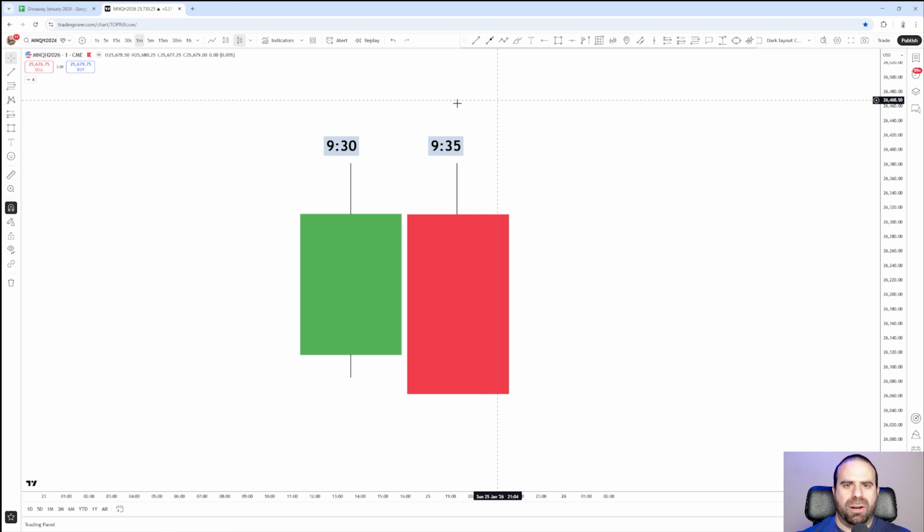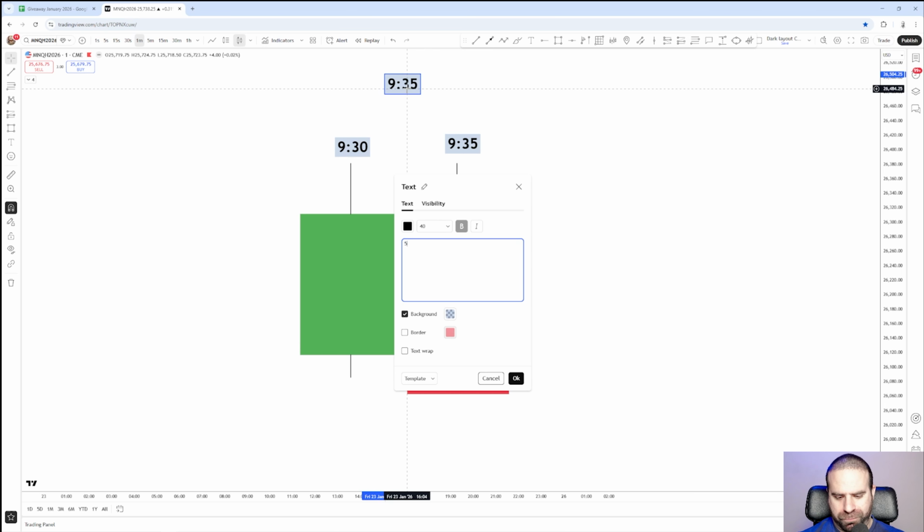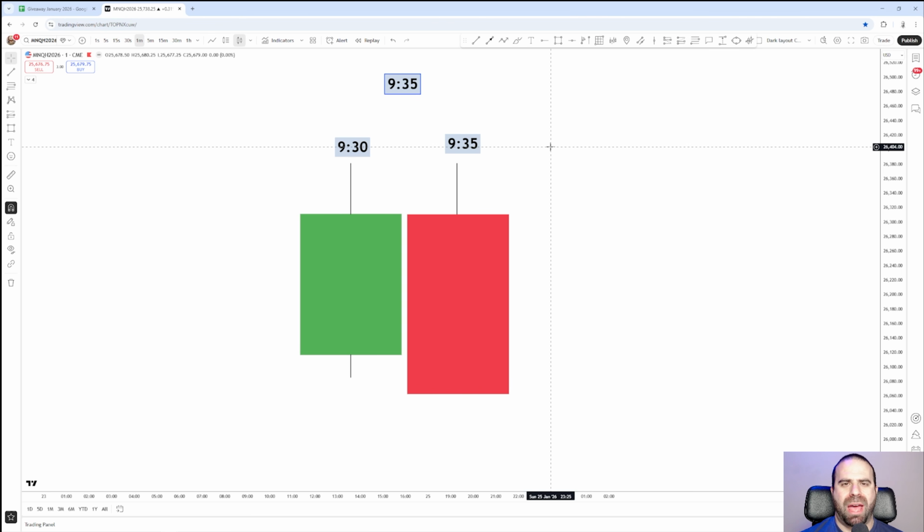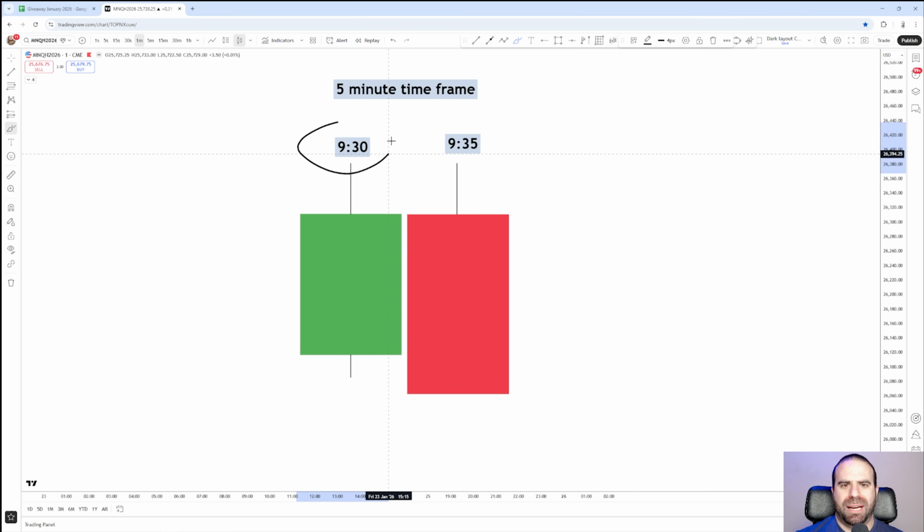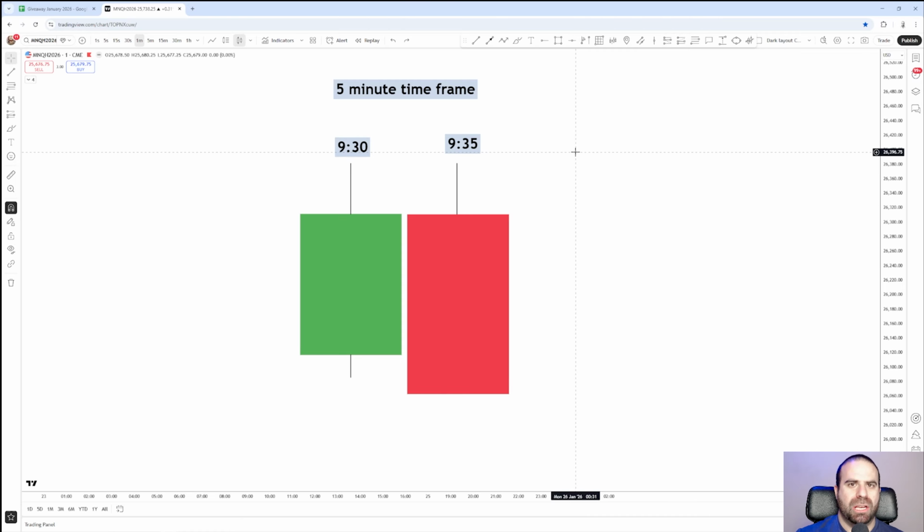Now right here, you see that I have highlighted 5-minute candlesticks. You are on the 5-minute time frame only, and you will wait not for the 9:30, but for the 9:35 5-minute candlestick to close.